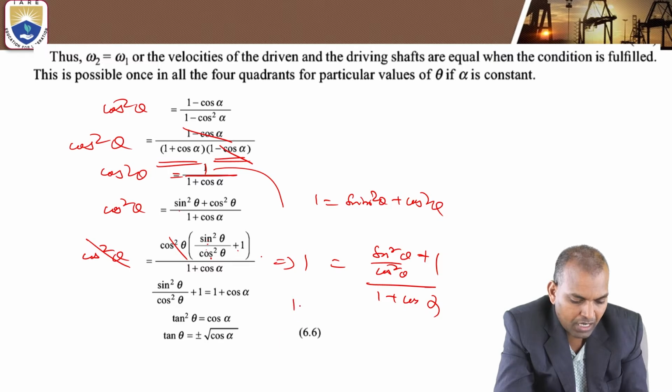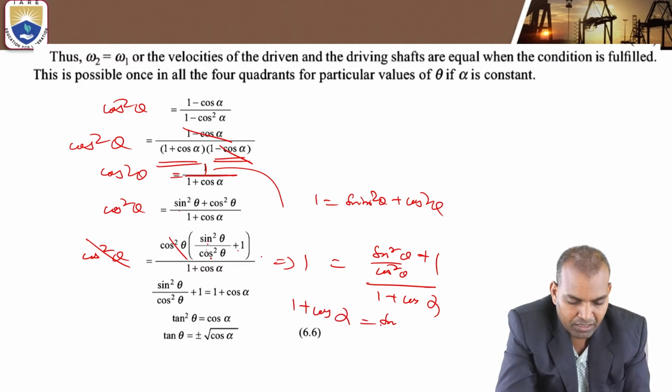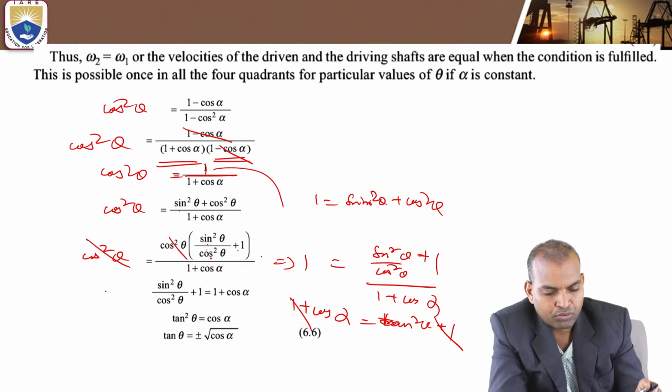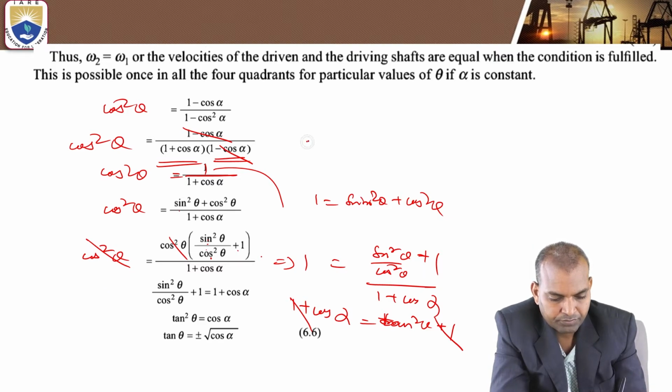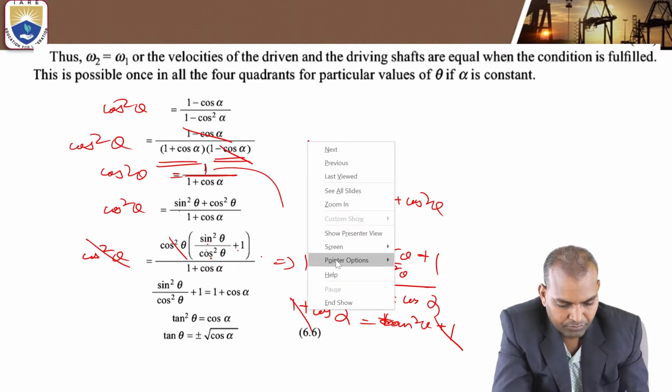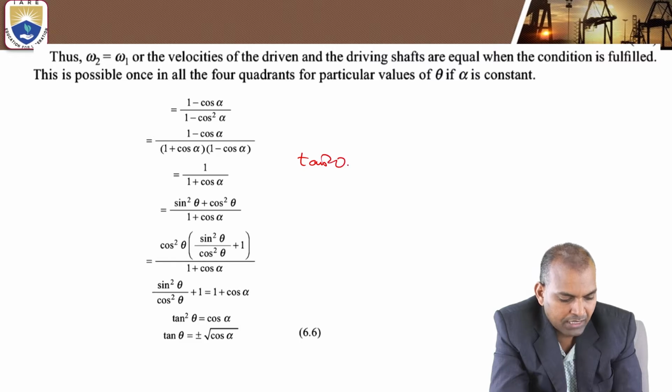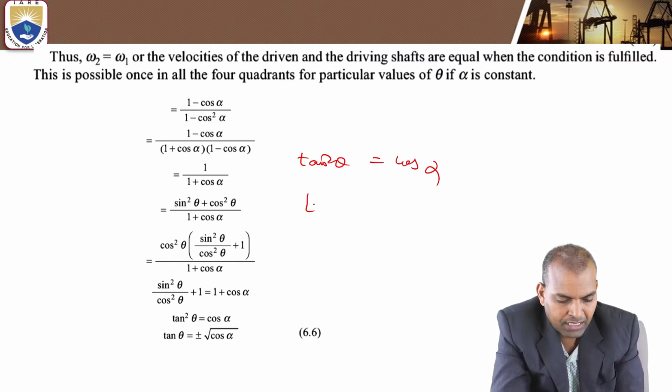This 1 plus cos alpha equals tan square theta plus 1. Then finally tan square theta equals cos alpha.